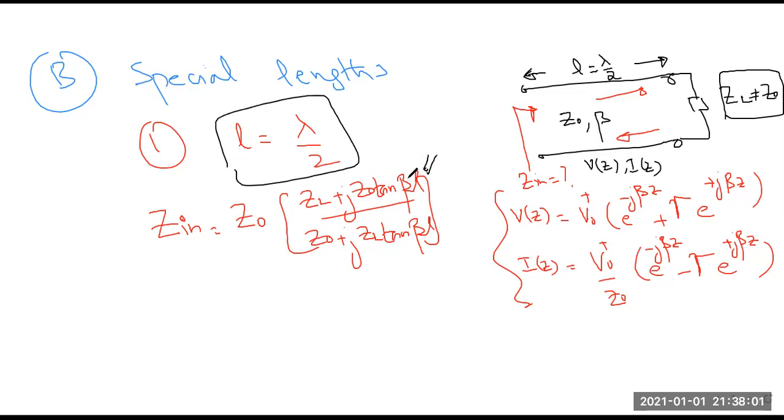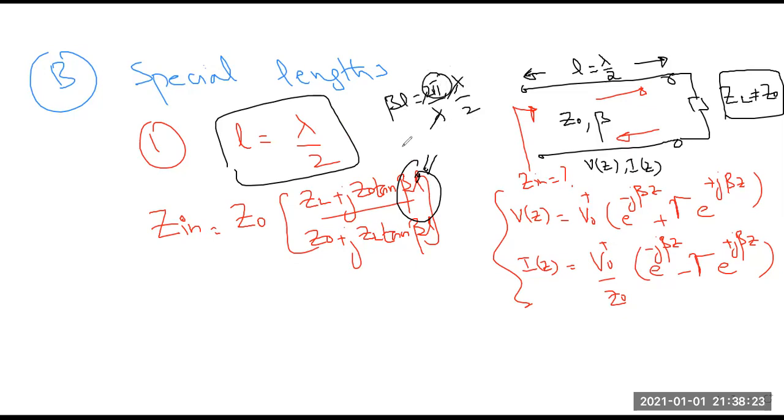So all you need to do is replace L, because that is beta L, so beta L can be replaced by 2 pi by lambda, and then L is given to us as lambda by 2.